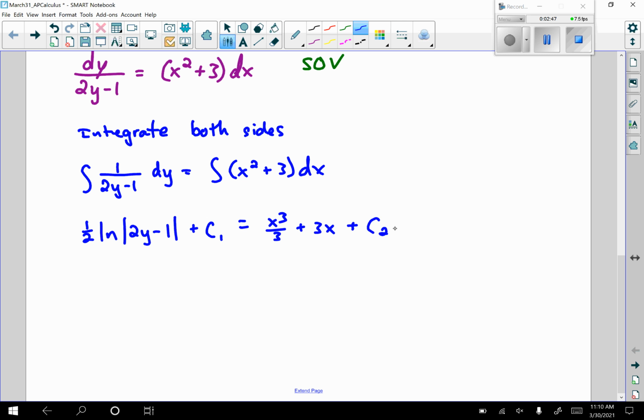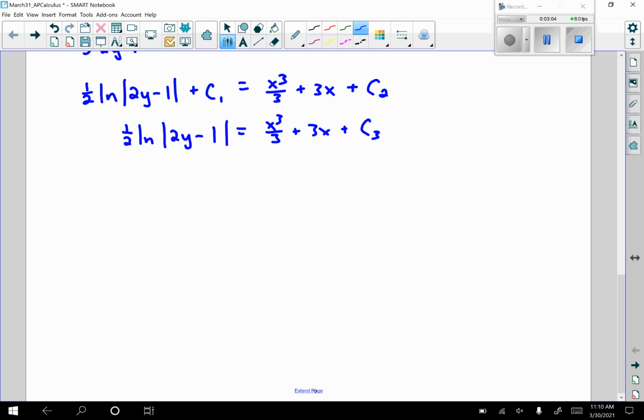But then we could just bring all of our constants to one side. So now we have 1/2 times the natural log of the absolute value of 2y minus 1 is going to equal x cubed over 3 plus 3x. We'll call this a new constant c sub 3. That's just c2 minus c1 here. And then we could go ahead and multiply both sides by 2.